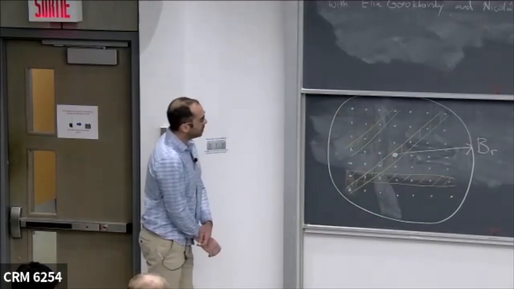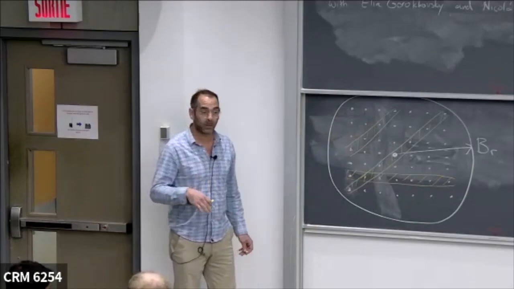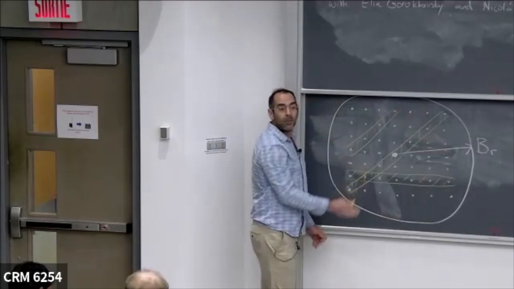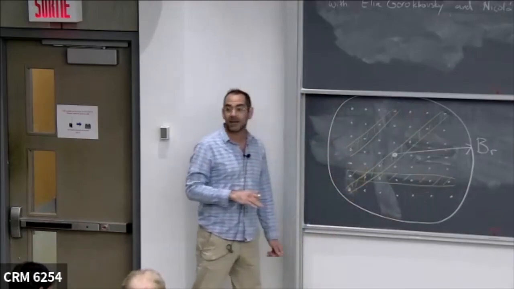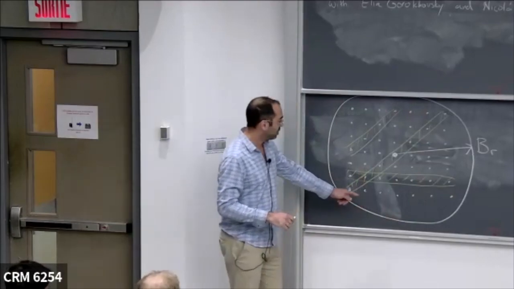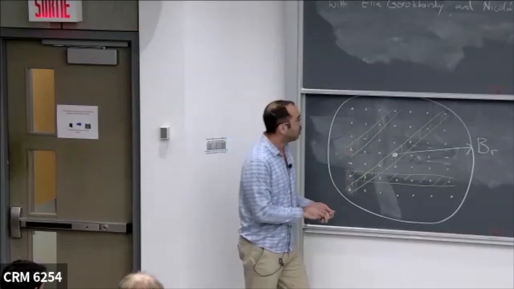So all of these are cosets of maybe different infinite index subgroups of Z squared. And what I want to do is cover the ball of radius r with cosets of infinite index subgroups.